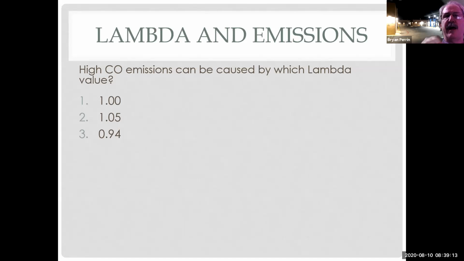Because it's all about having the cat clean up what's left. What we don't want is the cat to try to clean up too much or clean it up at the wrong mixture, because then it won't work.